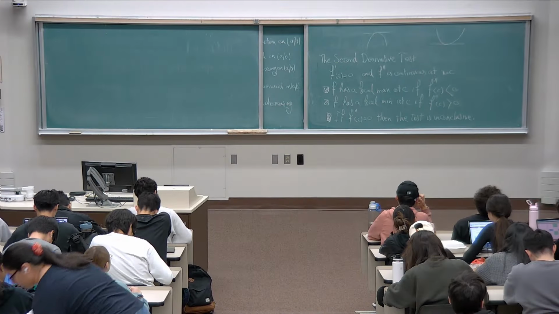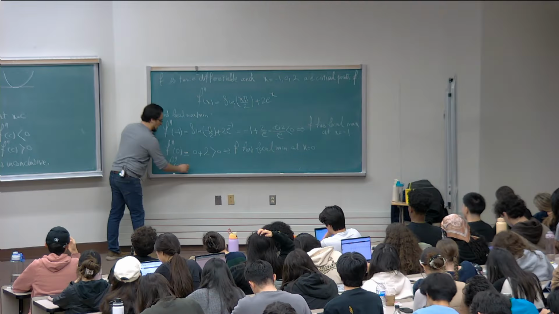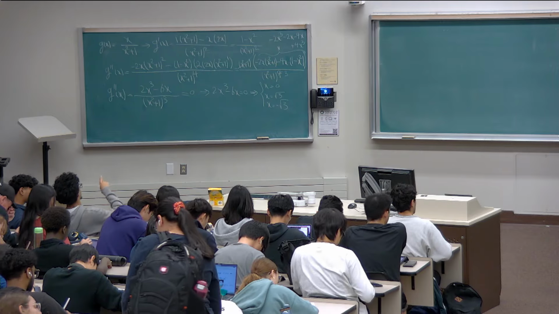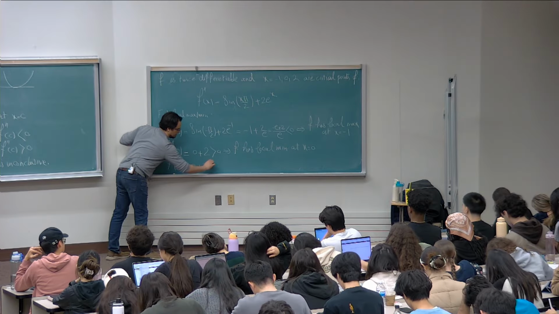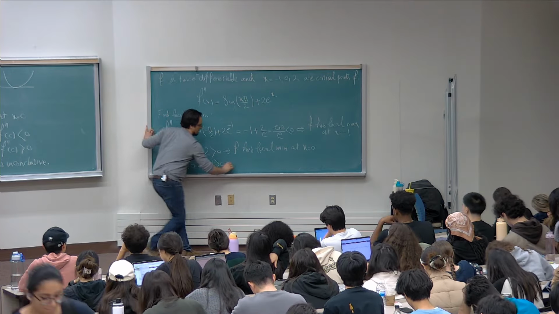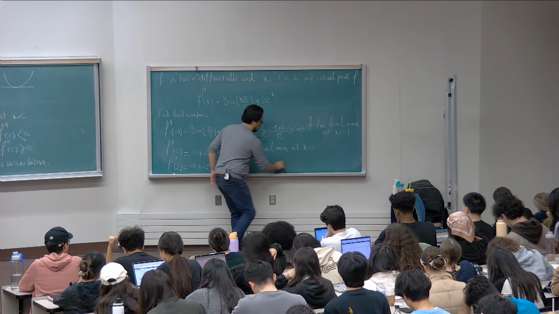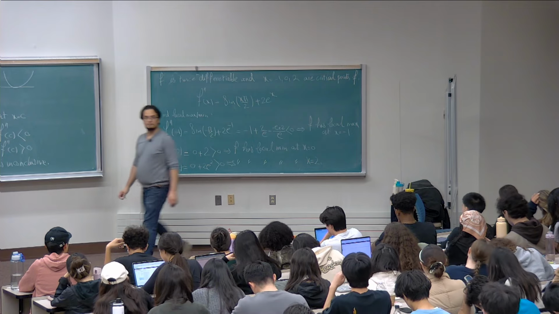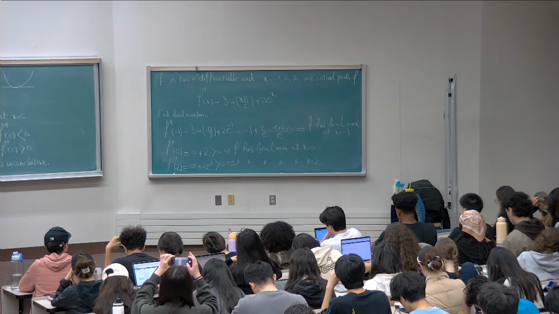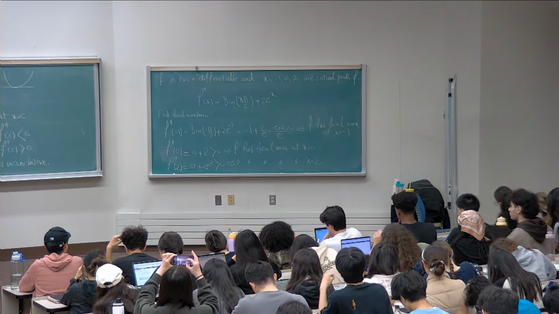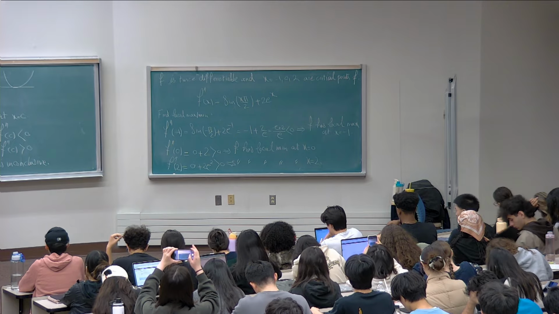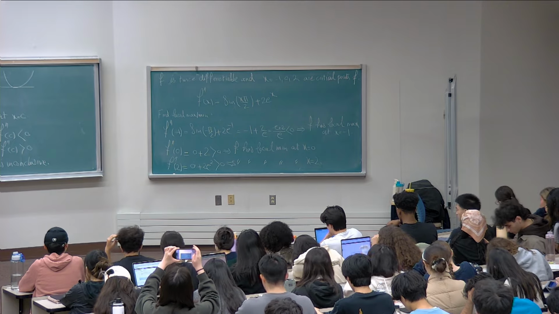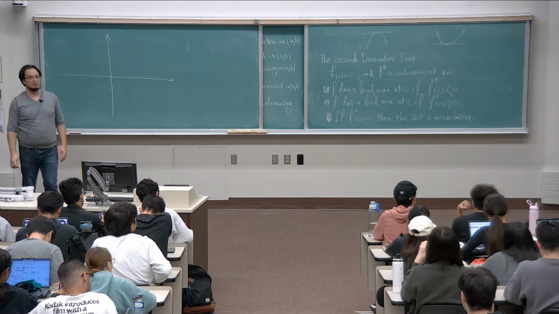Sine of 2 pi over 2 is sine of pi, which is 0, plus 2e to the power 2. It is again positive. So f has a local min at x equal to 2 as well. Any questions, any comments?